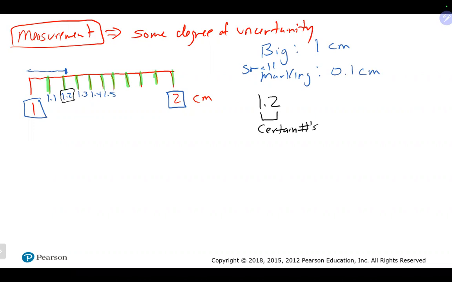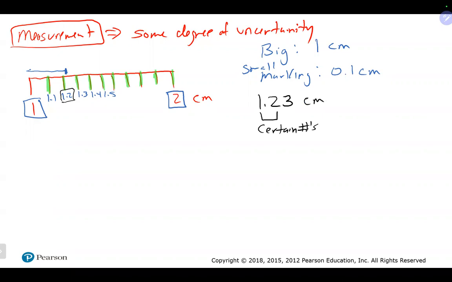But if we look at that line, it's not exactly on the 1.2, and it's not exactly on the 1.3. This is where estimation comes into play when we're taking a reading. I may look at it and say it's closer to 1.2 than 1.5, maybe 3, for example, and I would record 3 and then the units with it.